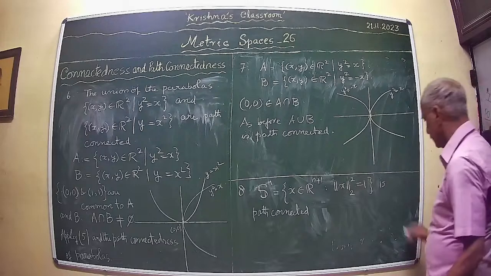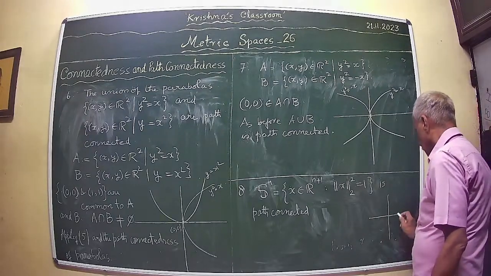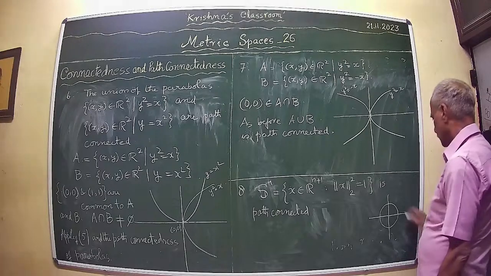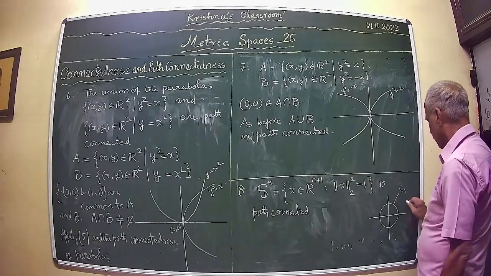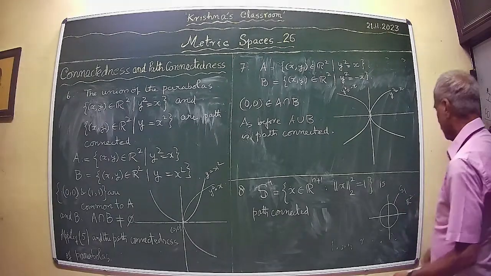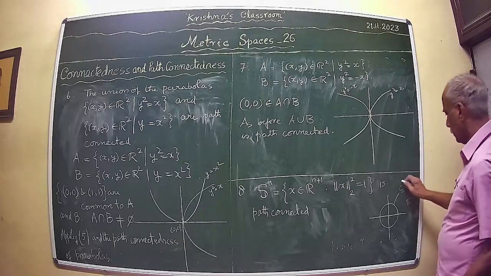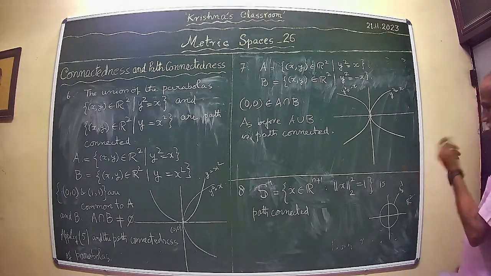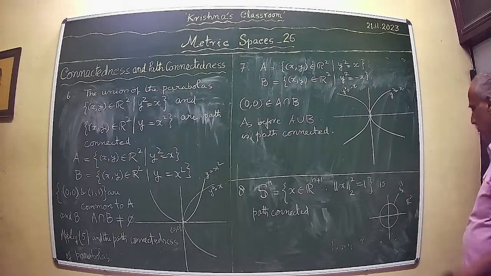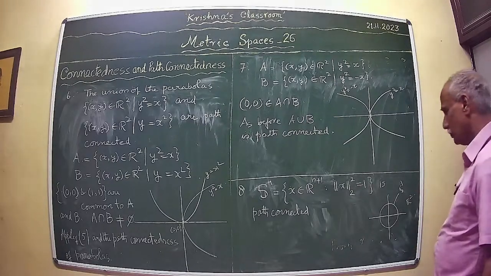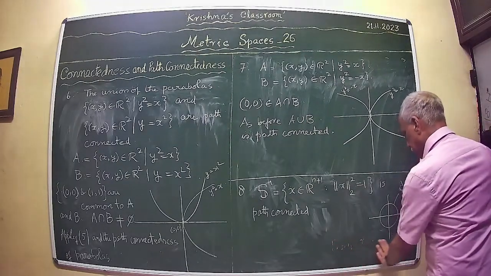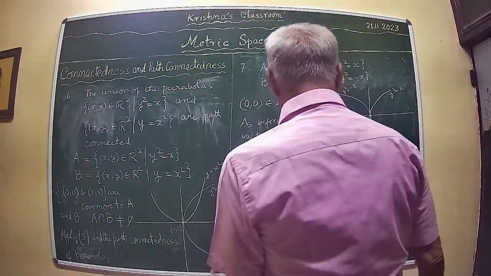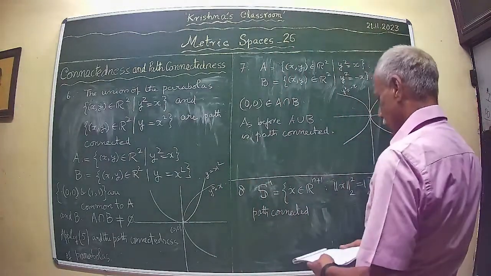S1 is this, the circle in R2. And S2 is the sphere in R3. Okay, so we are saying that they are all path connected. I mean, it is clear, but in the case of n, what happens is worthwhile looking at.